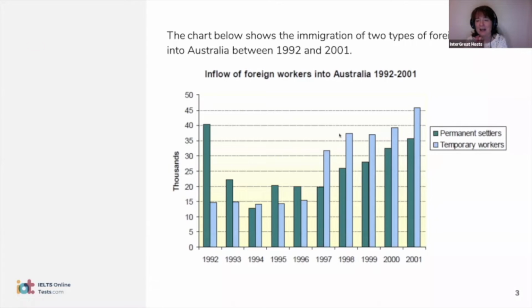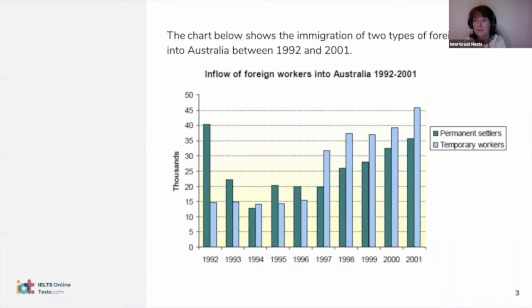Before we look at the static chart that we're going to write together, we're just going to look at a different example, and at the different things that you need to check before you start writing.